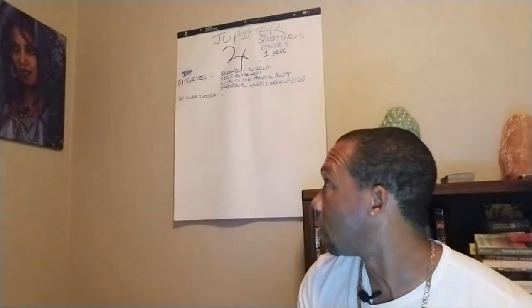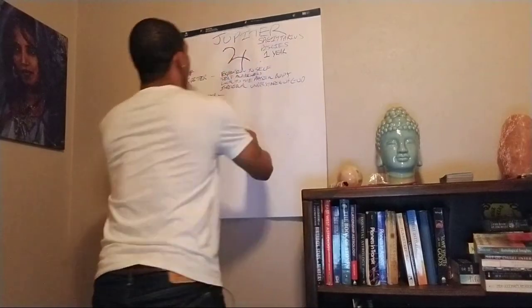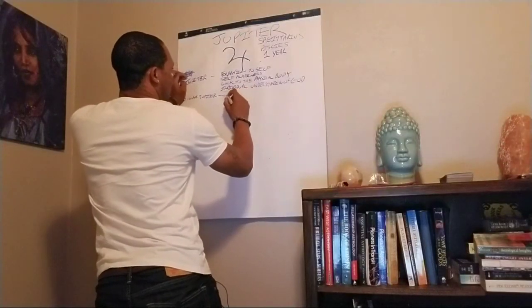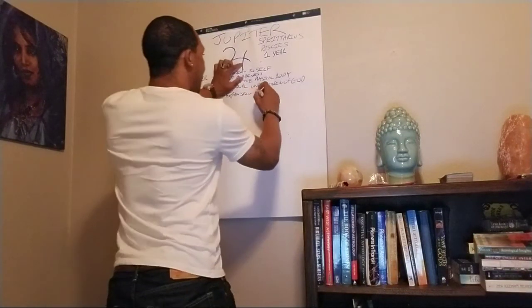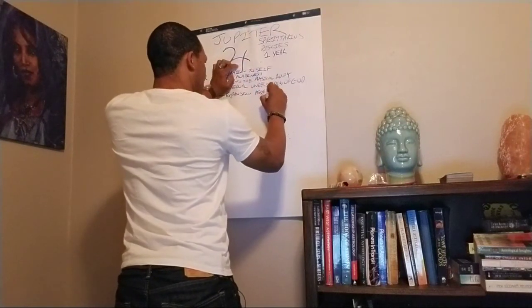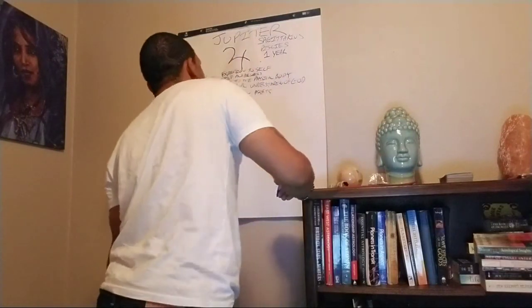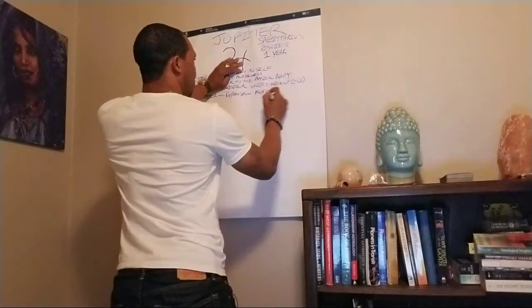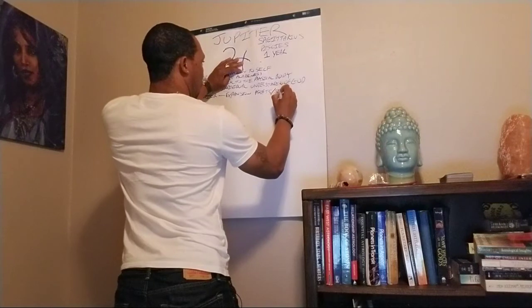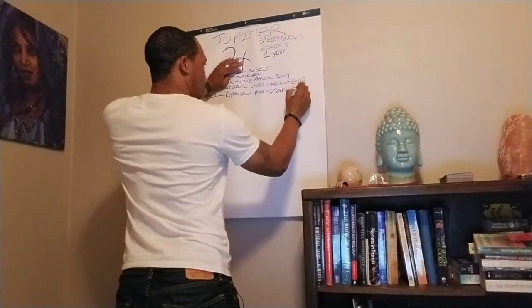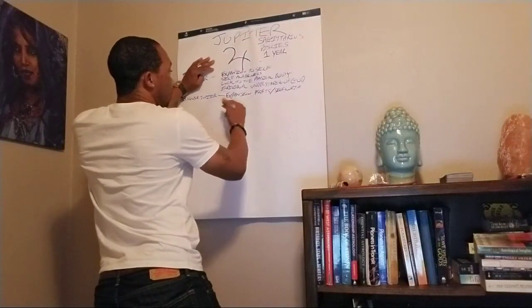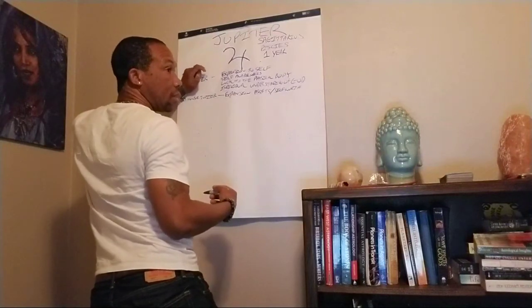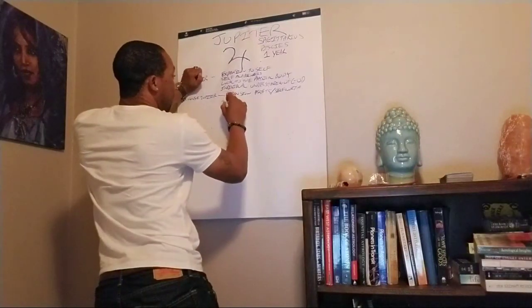You see? So, expansion of assets, expansion of self-worth, and this will also mean physical worth. This can also express itself as income.